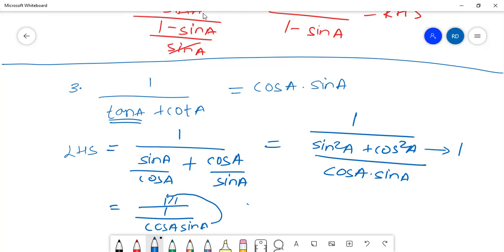So the answer will become cos A sin A, which is our RHS. Okay, let's start with the fourth one.